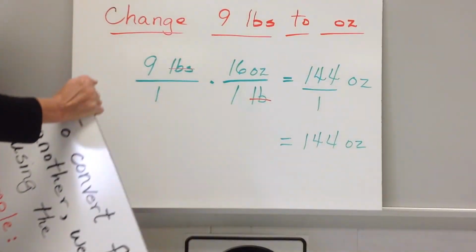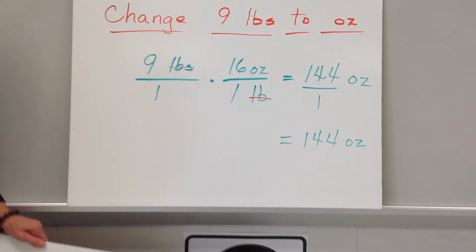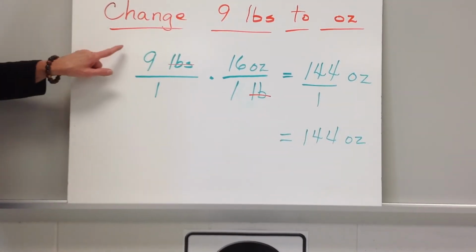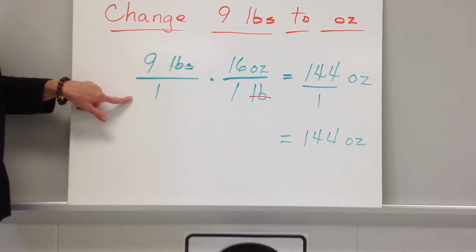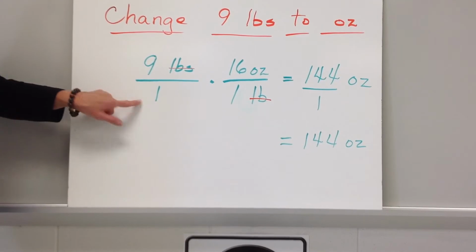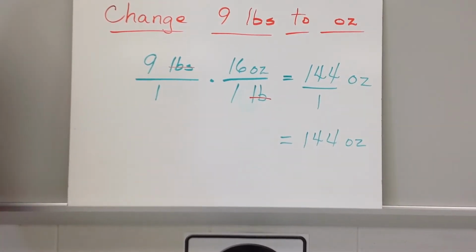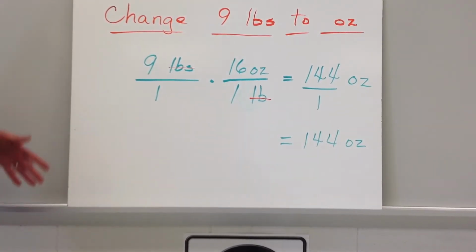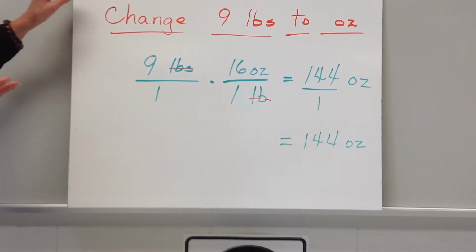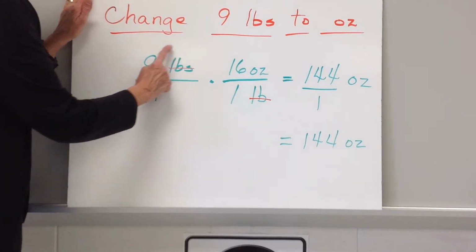Another example. If you want to change 9 pounds to ounces, well, you have nothing else to put that 9 over, so you put 9 pounds over 1. Our conversion factor said that there are 16 ounces in 1 pound. So which one do I put in the numerator, which one in the denominator? Well, this is pounds.